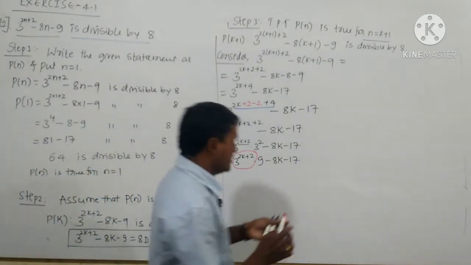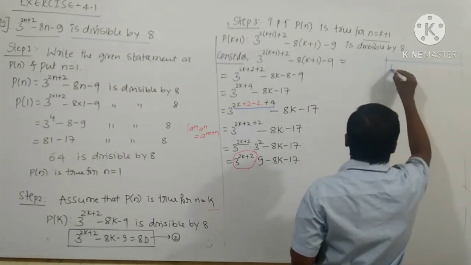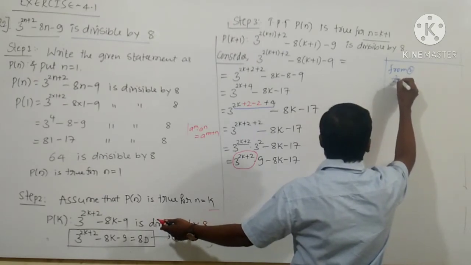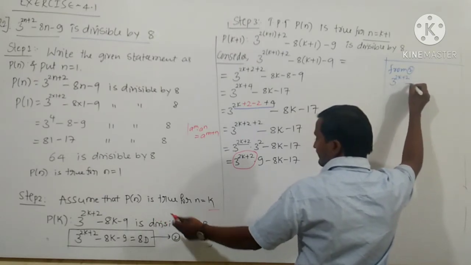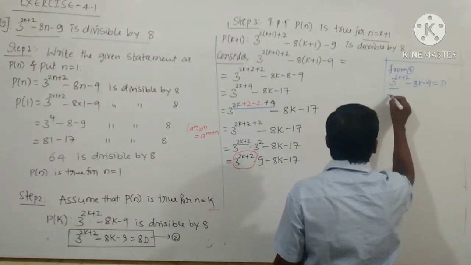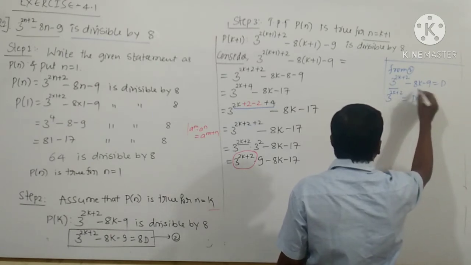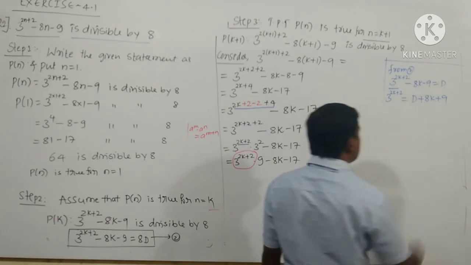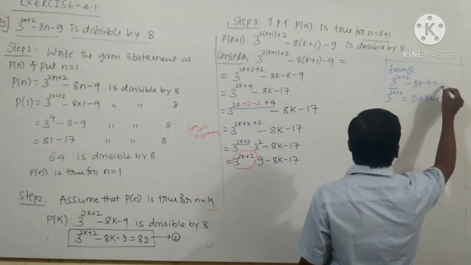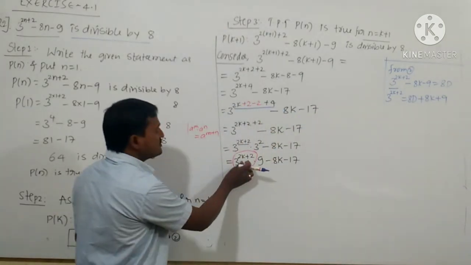So from 2, 3 to the power 2k plus 2 minus 8k minus 9 is equal to 8d. I want the value of 3 to the power 2k plus 2 only. So clearly it is 8d plus 8k plus 9. Okay, replace the value of this by that term.